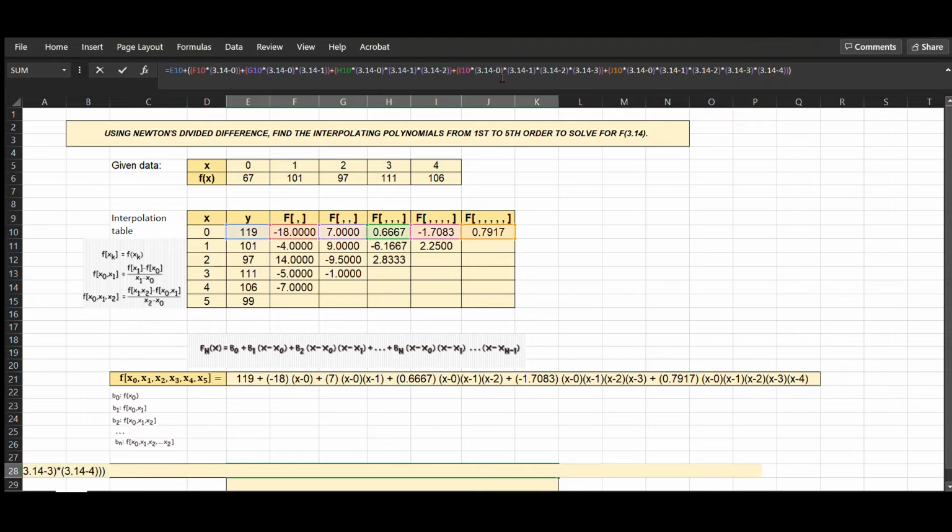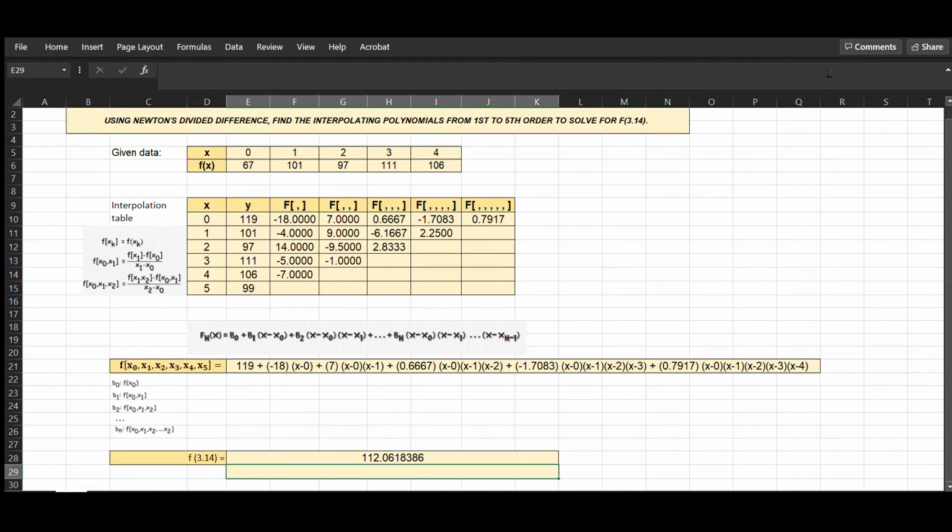So as we can see on our formula bar on top of the screen, I have finally finished inputting the Excel formula derived from this equation, making sure all the operations are correct, making sure I have put enough parentheses, and making sure that I have used the b values we have here. Okay, and we're going to press enter, and we have this answer.